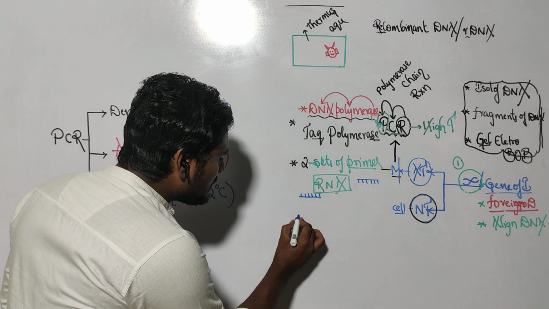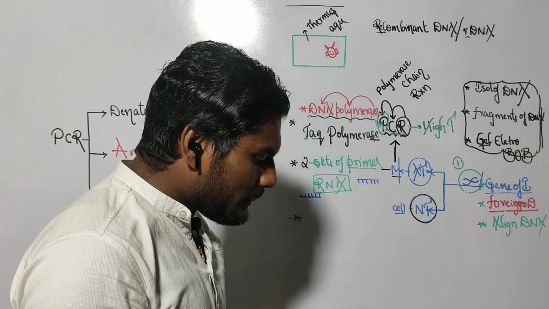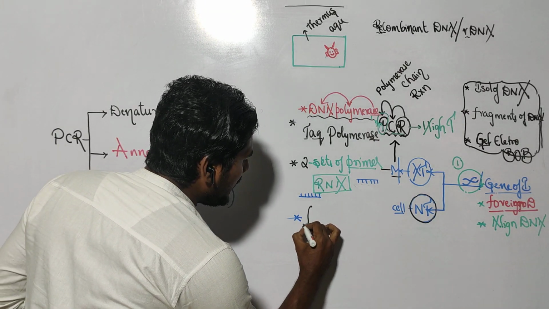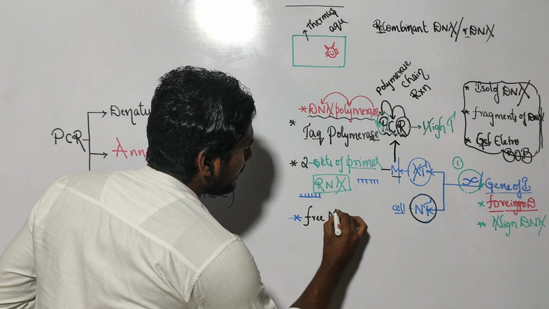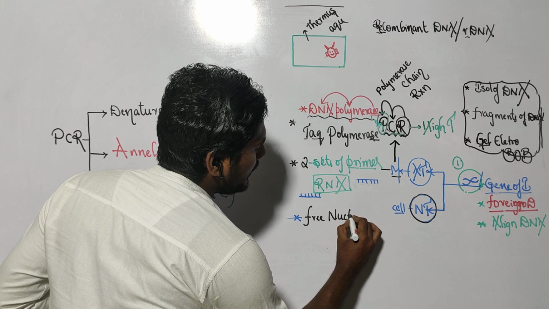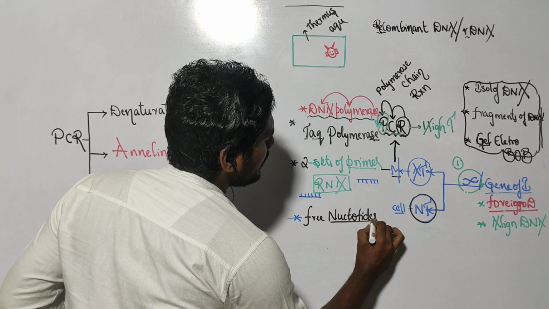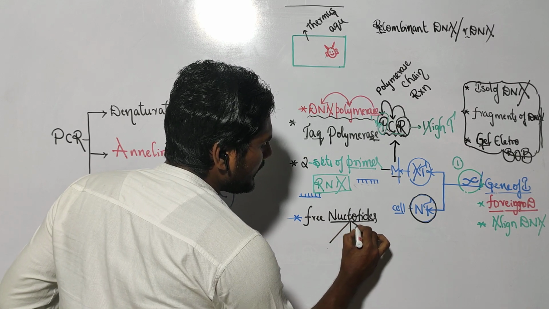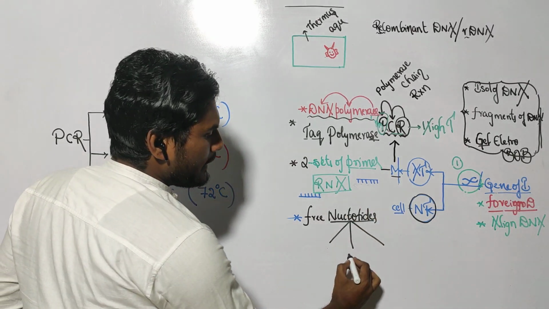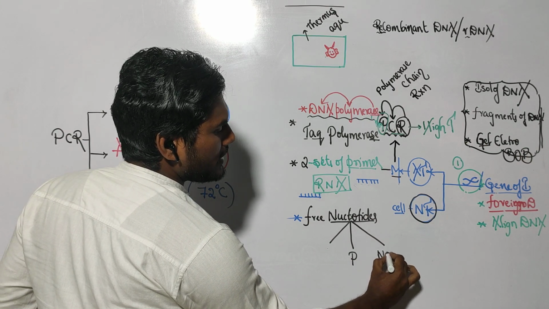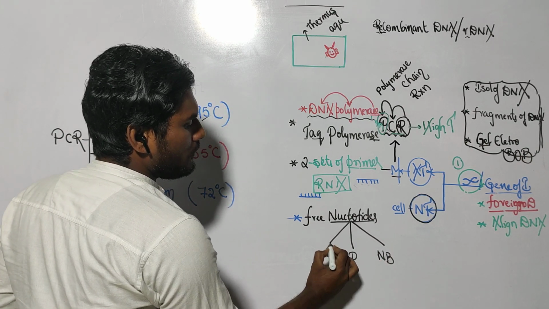And along with these primers, there is a requirement of nucleotides. Free nucleotides are required. You know, a nucleotide is made up of how many components? Three components. Number 1 is pentose sugar, the second component is nitrogen base, and the third component is phosphate.